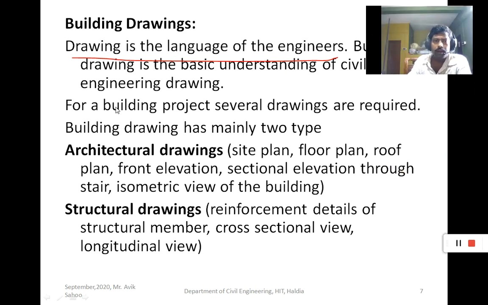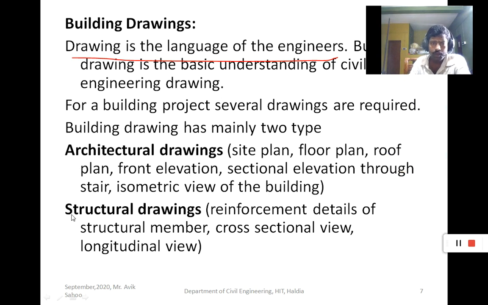In building projects several drawings are required, and building drawing has mainly two types. One is the architectural drawing. Architectural drawing consists of site plan, floor plan, roof plan, front elevation, sectional elevation through stair, and isometric view of the building.